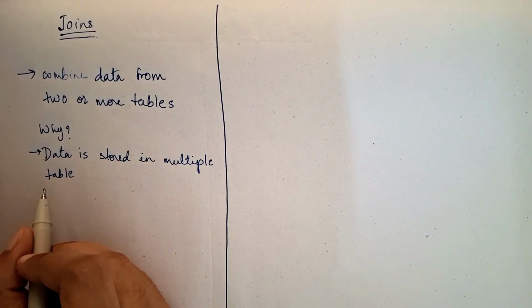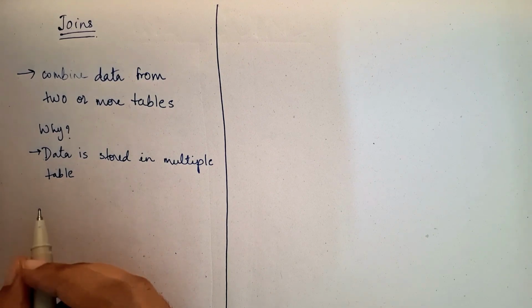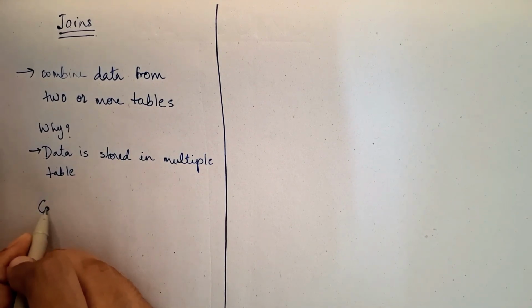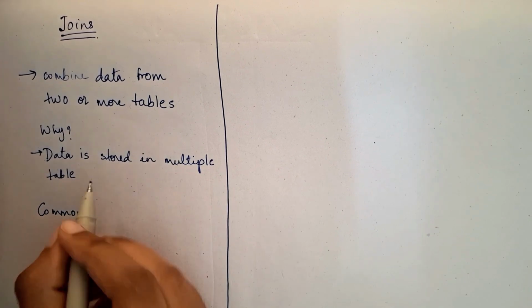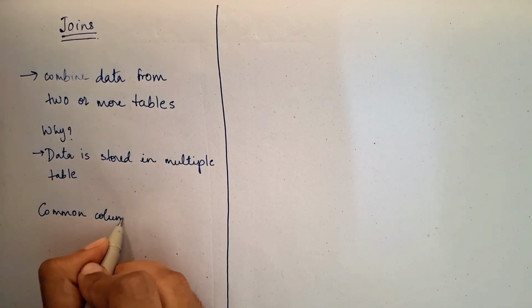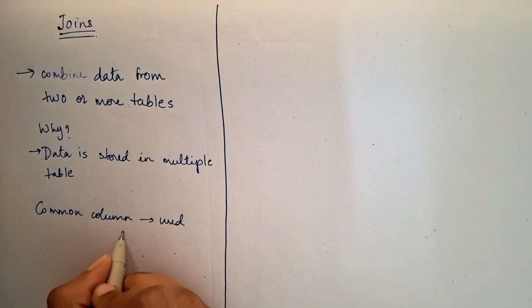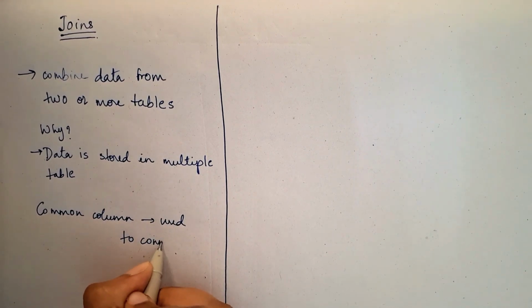So we need to combine these two tables to get the data. And one more important thing you need to remember is the common column, because this is used to connect the tables.